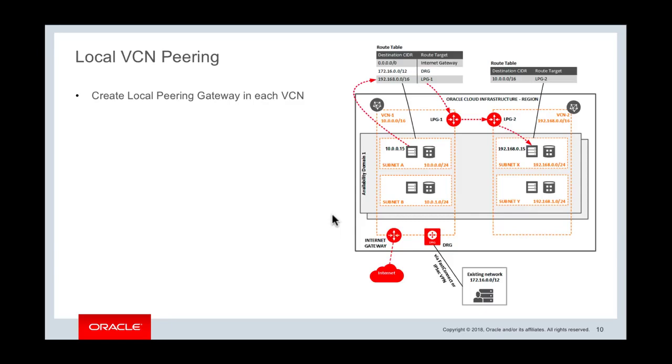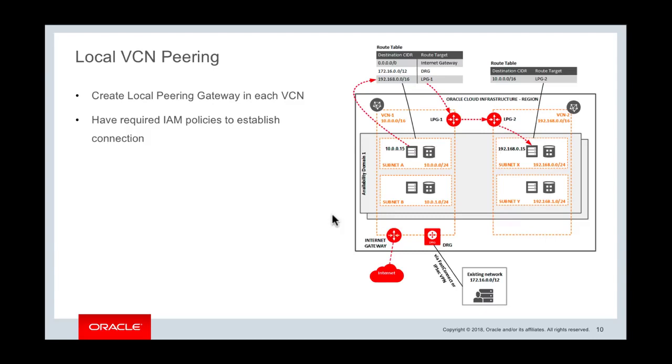One of the things I mentioned in the previous slide was that your IP addresses should not be overlapping when you want to peer the two virtual cloud networks. So the first step is to create a local peering gateway within each virtual cloud network.